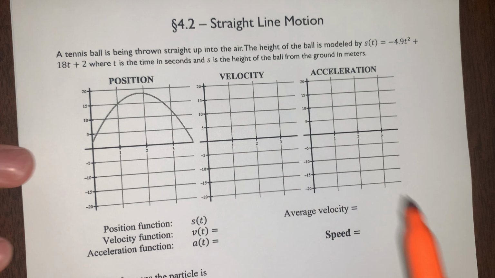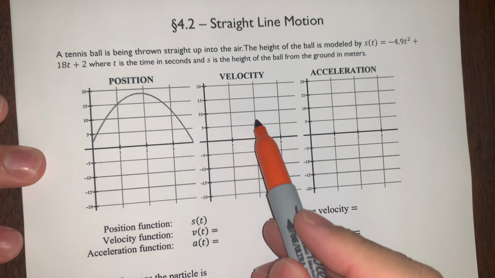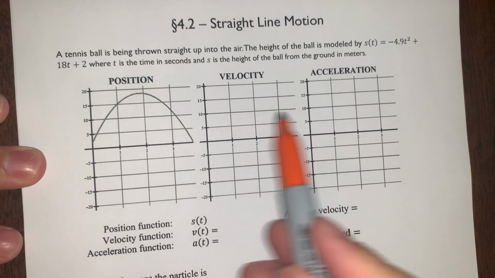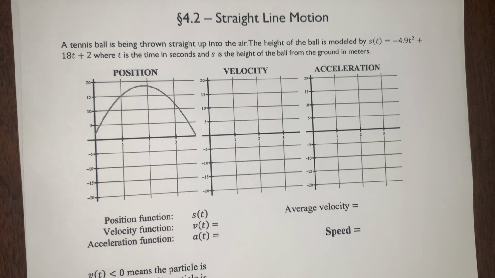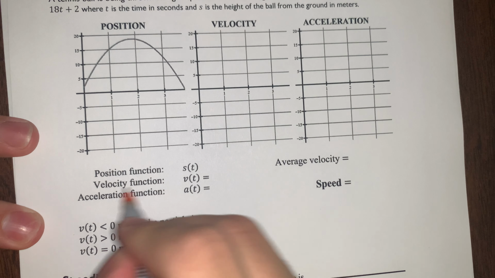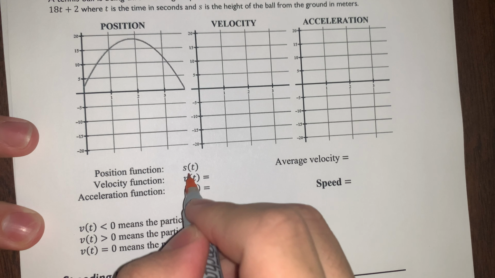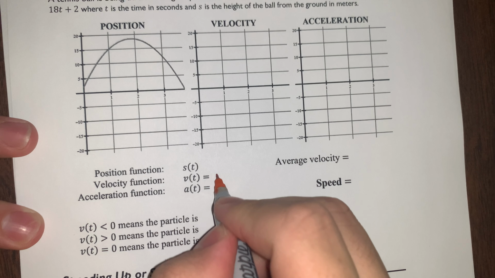But more important than that is understanding what the velocity and acceleration are in relation to this position function. One of the things I'm going to cover in more detail right here is that you should know that the velocity is the derivative of the position function.